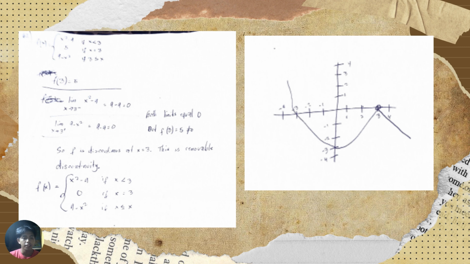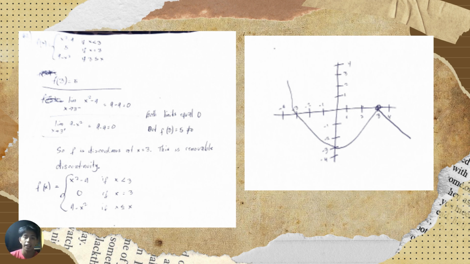to find the left hand limit, which is the limit of x squared minus 9 as x approaches 3. So we substitute the 3 into x, so that it will become 9 minus 9 equals 0.